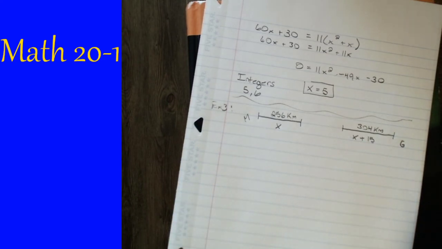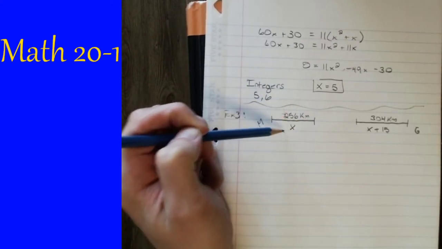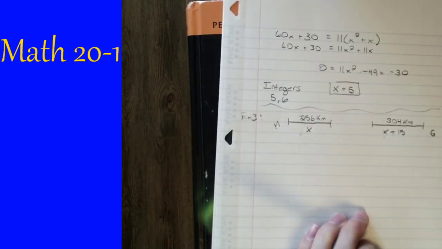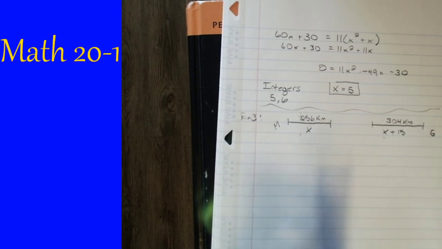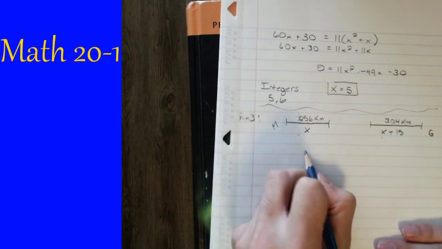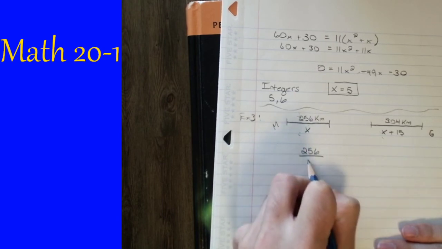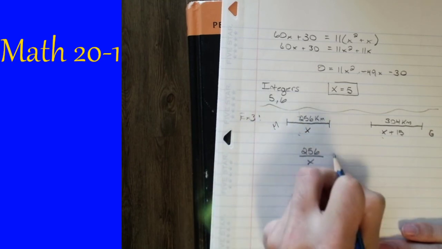The piece of information that, and I've actually set this up to be distance over velocity, distance over velocity. We know that the time each of these journeys took was exactly the same. So this journey is 256 over x. That's distance over velocity. That represents time.